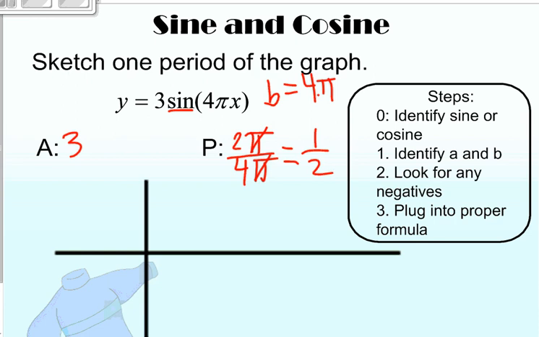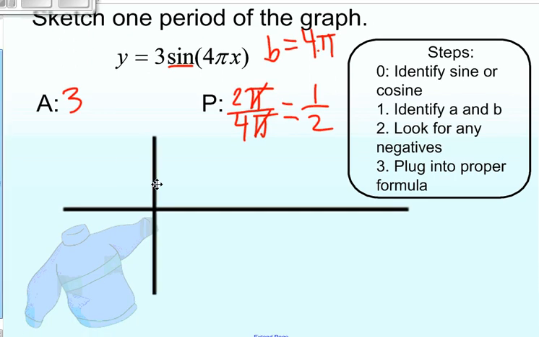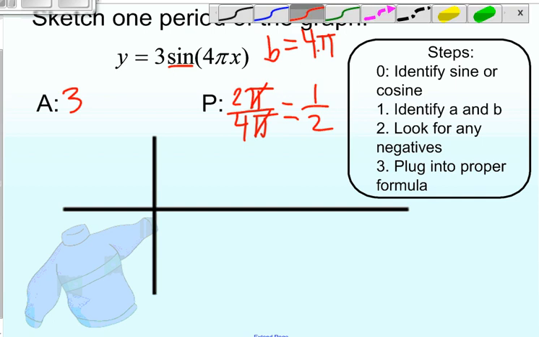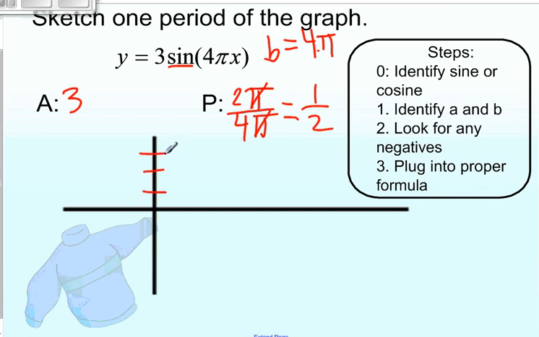Okay, so now I'm going to come down here to my graph. So I got negative 3 and positive 3. And I know that I'm ending out here with 1/2. So halfway between 1/2 and 0 is 1/4. And halfway between 1/4 and 0 is 1/8.